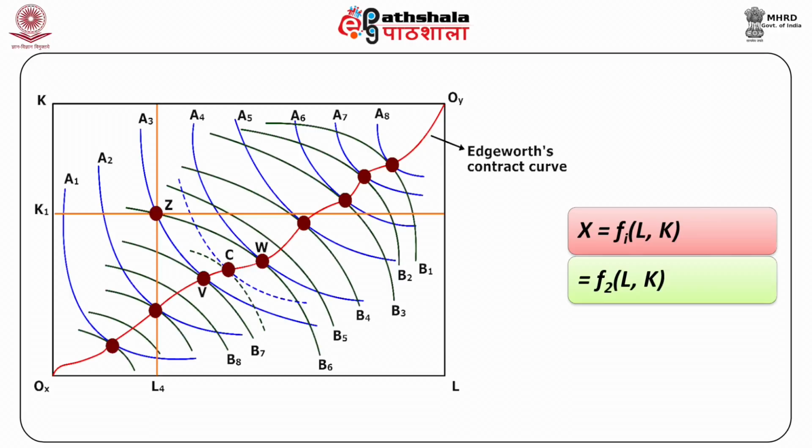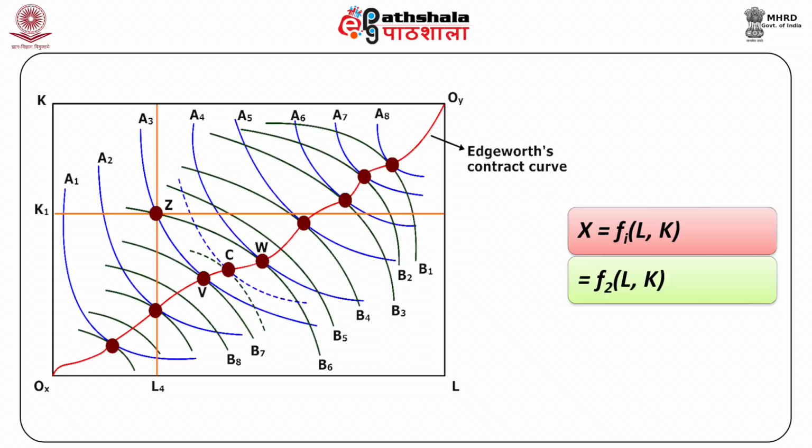The properties of the isoquant remain the same, that is, for the product X, as we are going from left to right, the quantity of the output increases, and for commodity Y, as we are going from right to left, the quantity increases.